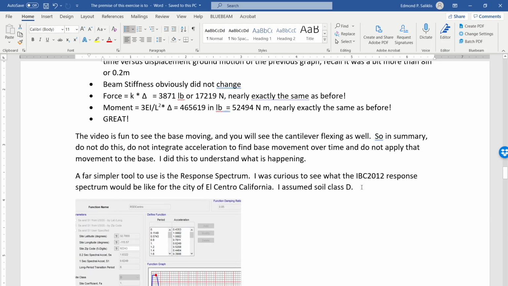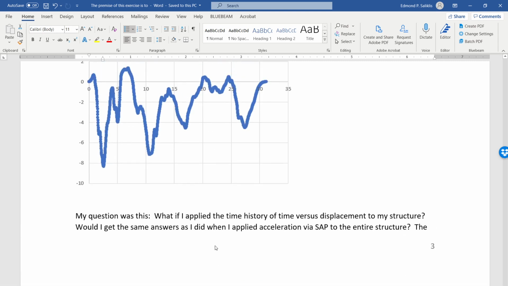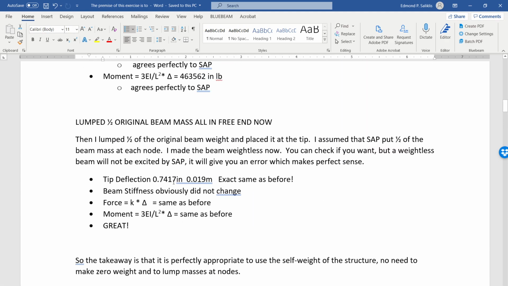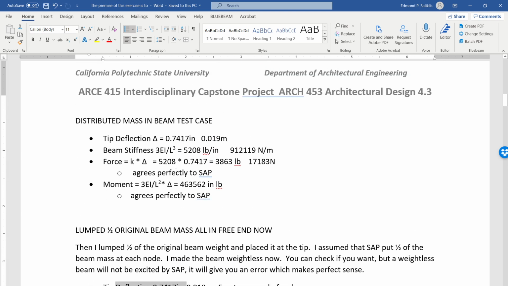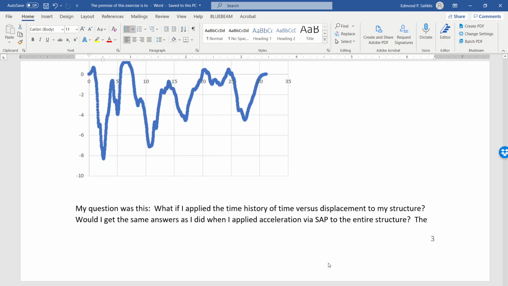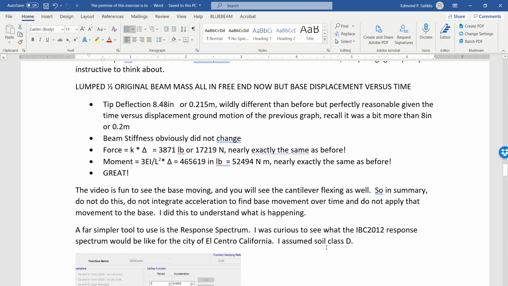It's the exact same thing, literally the exact same thing. I got the base shear to be exactly what it was for the earthquakes. Obviously, the tip deflections are wildly different, but the base shears are literally exactly the same as before. So that's terrific news because it proves that everything's working the way you want it to work.